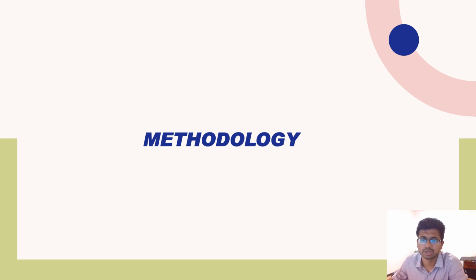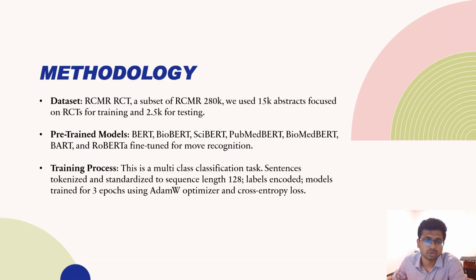Let's discuss the methodology. As I discussed before, we have used RCMR RCT in our experiment. It consists of sentences and the associated label. Each sentence is from the abstract of a PubMed article, and the label is the move for each sentence.